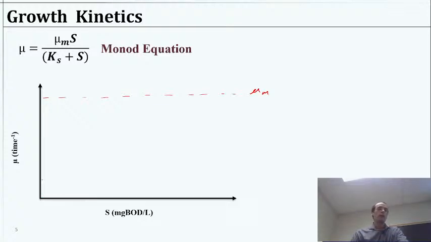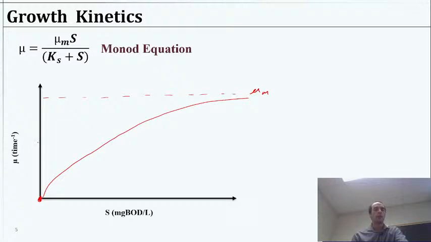So when we have no substrate, we're not going to have any growth. If S is 0, mu is 0, right? So then as soon as we add some substrate, we'll start having some growth, and what it will ultimately look like is something like this, right?